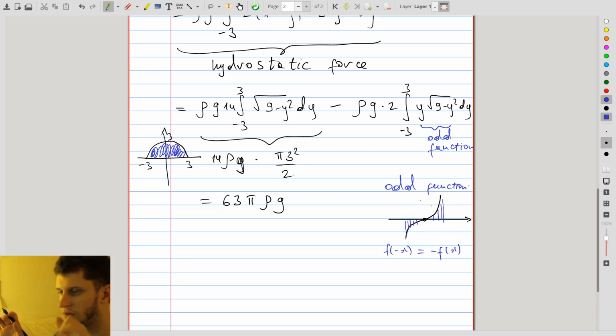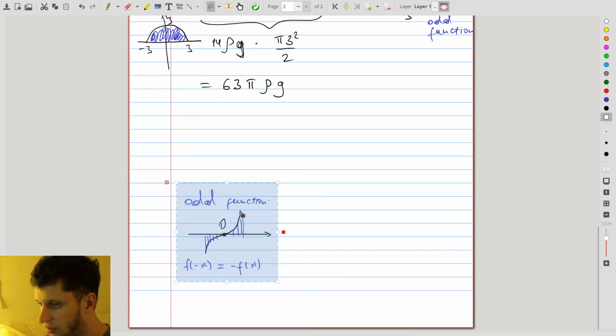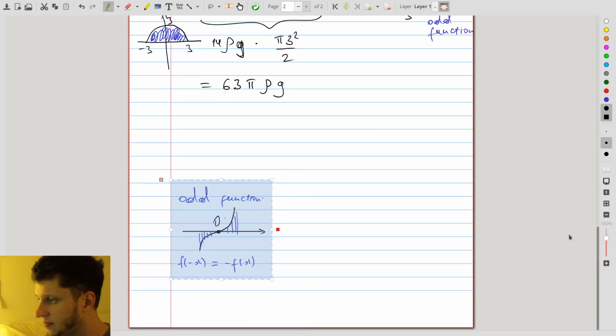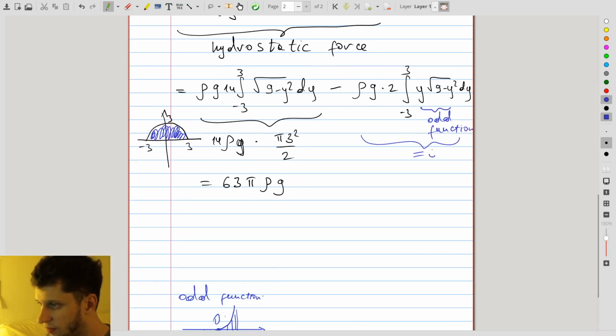So when you integrate on a symmetric interval from -a to a, you have two equal areas that have opposite signs. So when you add them up, you get 0. And so the conclusion is that the second integral, being the integral of an odd function on a symmetric interval, is just 0.